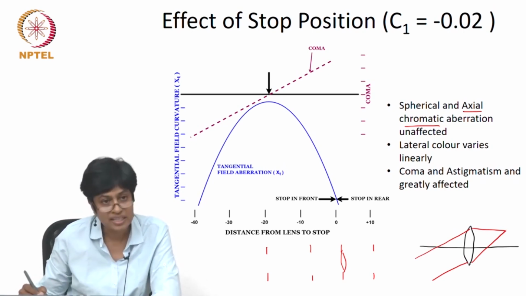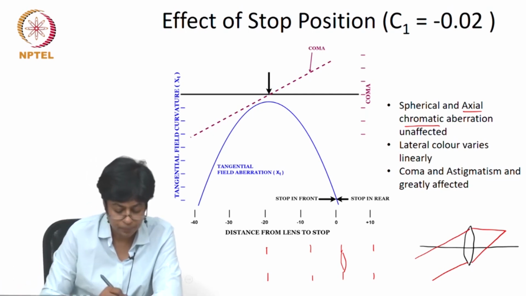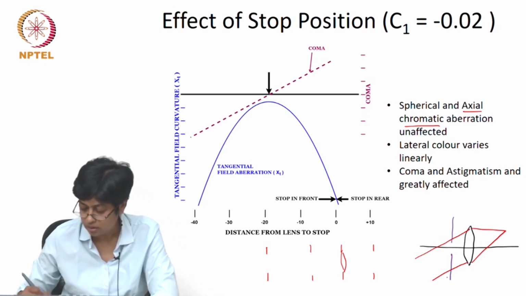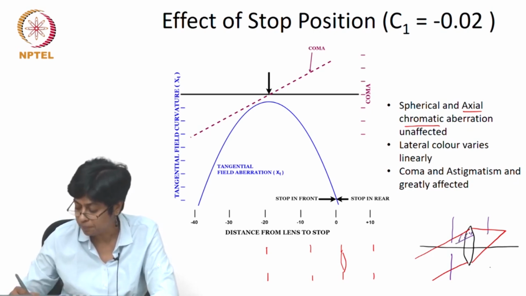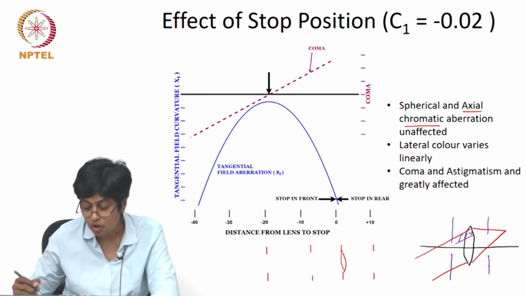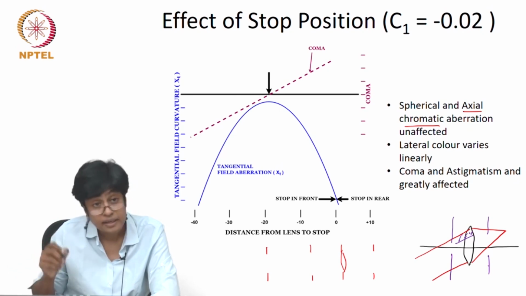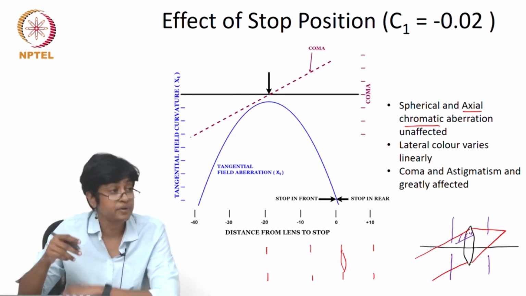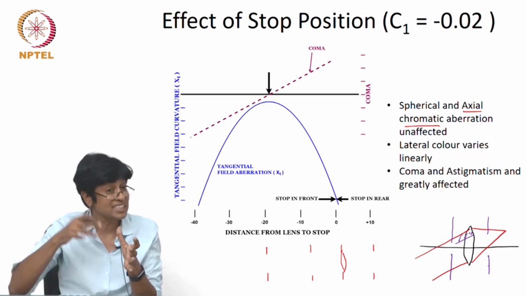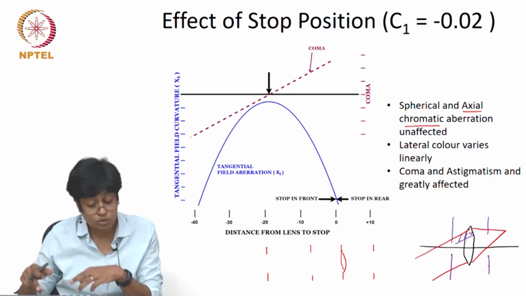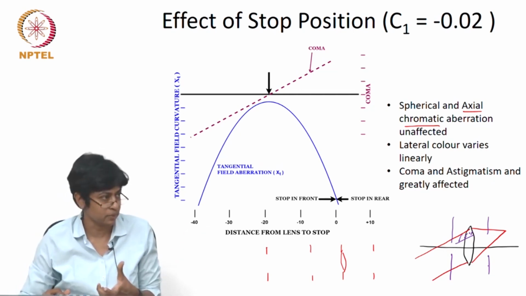Which set of rays reach this point depends on where the stop is. If I put a stop here, I am cutting off these rays. If I put a stop here, I am cutting off a different set of rays. So the stop location greatly controls the path of rays through the lens, which rays actually make it through the lens to the image. And this is true because it's coming from an off-axis point.